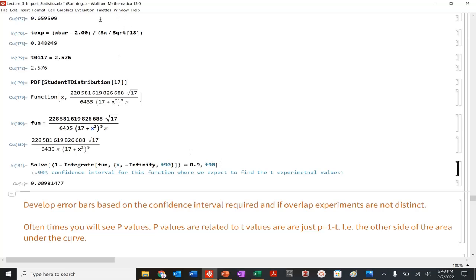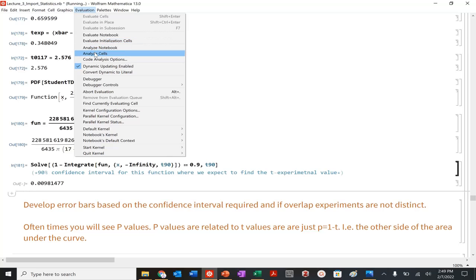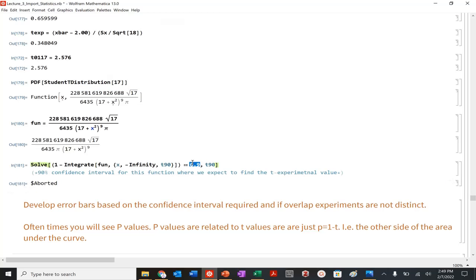Actually, sorry, let me abort this evaluation. It's actually 1 minus, so it's going to be basically 0.1. Let's see if we can solve for this value. It's taking a little time, but again, the function is not an easy one to work with. We just have to give it our due diligence.